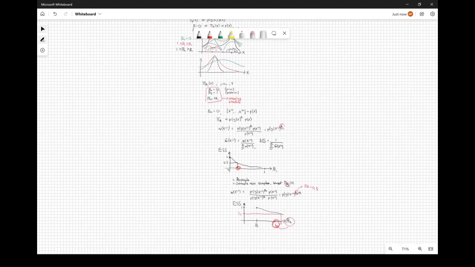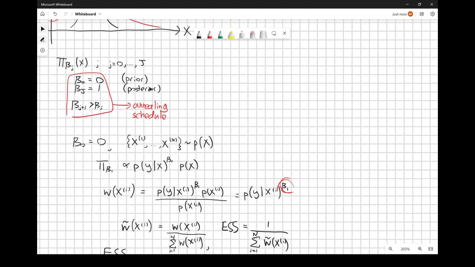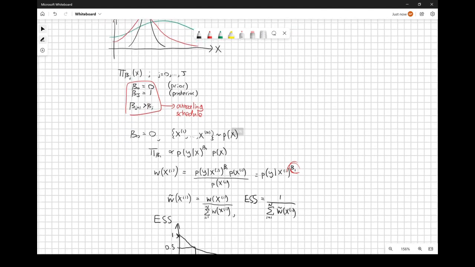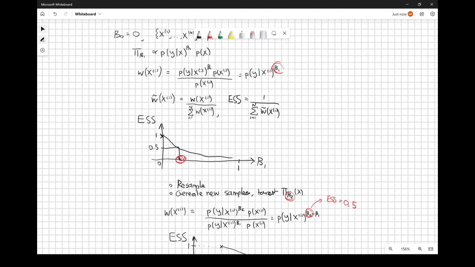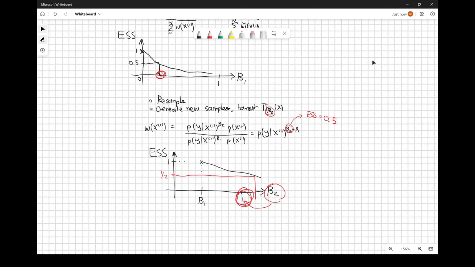We've said that it relies on you somehow picking this annealing schedule, i.e. this sequence of increasing betas from 0 to 1. And then in the context of an importance sampling-based approach, specifically a sequential Monte Carlo sampler, here we've described how using a threshold effective sample size, you can come up with this kind of adaptive annealing schedule so it can be picked automatically while the algorithm is running.